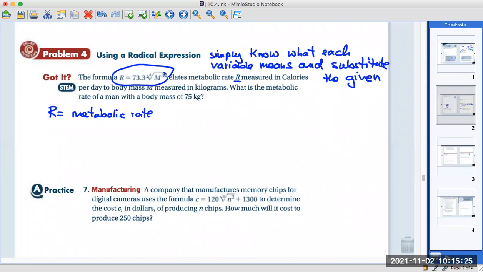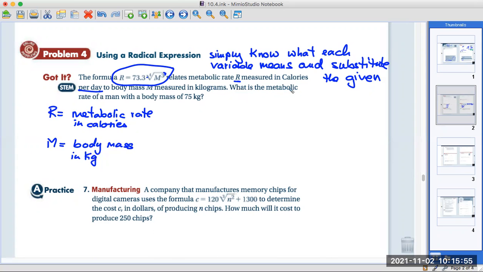All I'm doing is identifying the variables. Capital M is the body mass. What's body mass? It's like your weight, measured in kilograms.